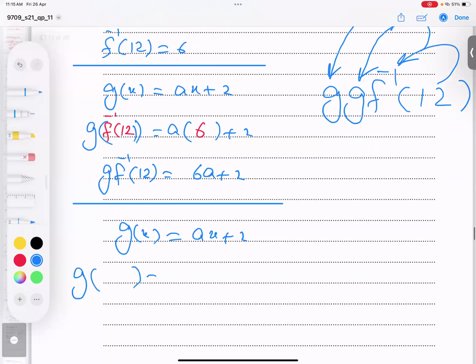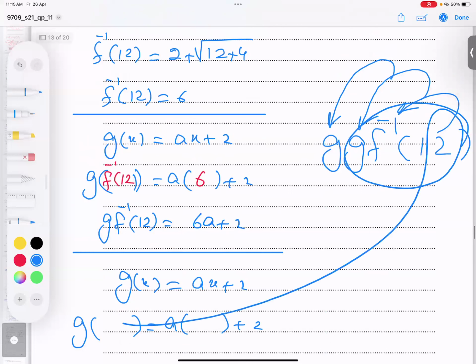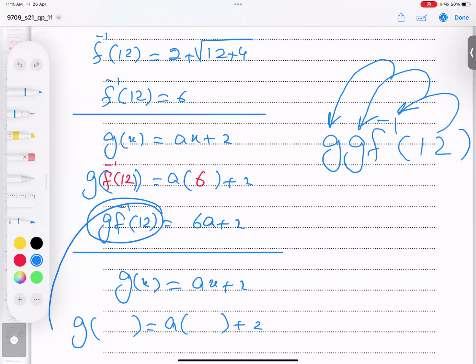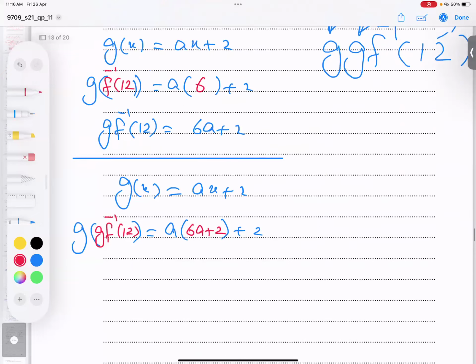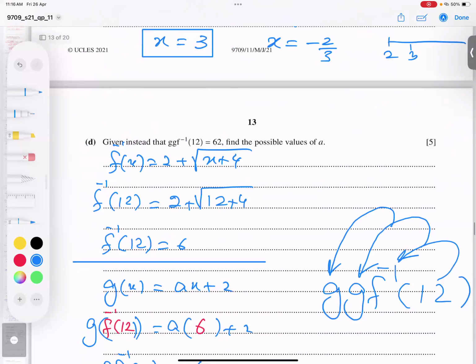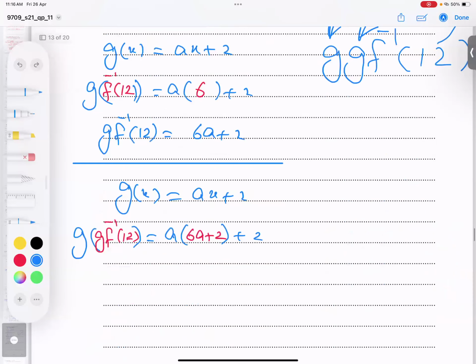Left-hand side, empty space, right-hand side, empty space, and plus 2. So student, this whole thing will go here, this whole thing goes here, and the value goes here. Function name on the left-hand side, G of F inverse of 12. And the 6A plus 2, I must write here. And for your knowledge, this whole thing is equal to 62. So this is fully matching 62.